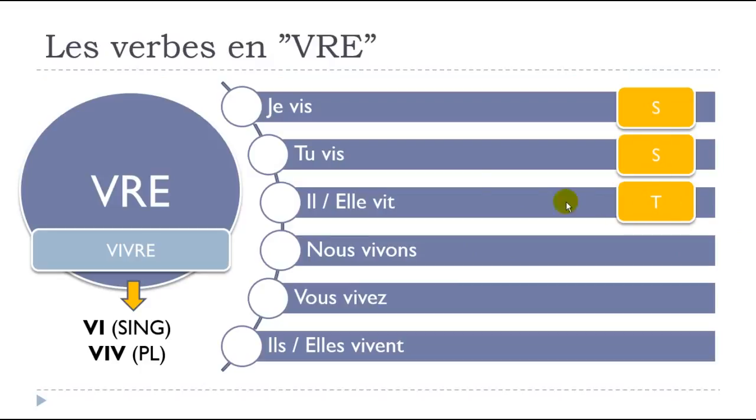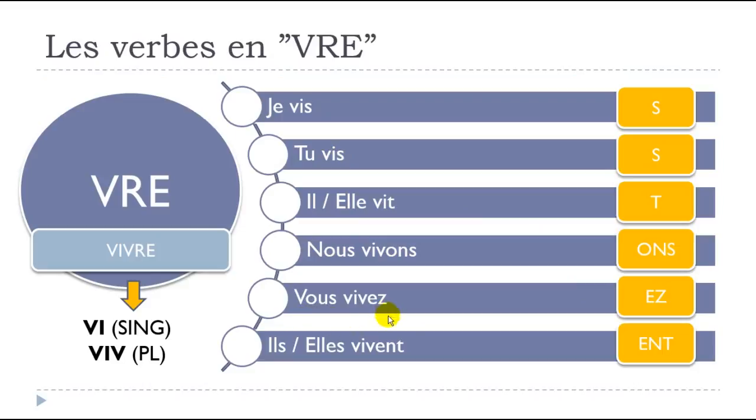So this is the reason why we get je vis, tu vis, il vit, elle vit. For nous the ending is ons, so you get nous vivons, then ez, vous vivez, and after that ent, ils vivent, elles vivent.